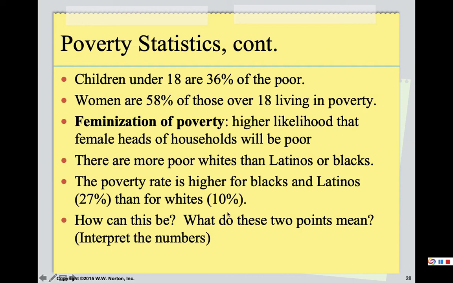These numbers may look slightly confusing. There are more poor whites than Latinos or blacks, but this is numbers, not percentages. The poverty rate is higher for non-whites, however, meaning the percentage of this population that experiences poverty is higher than the percentage of the white population that experiences poverty.